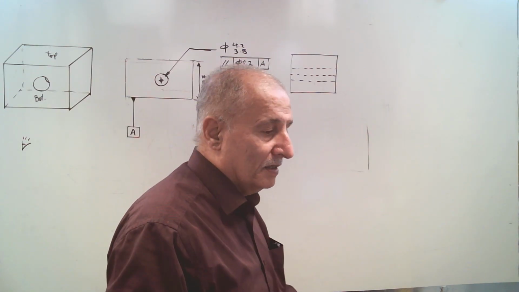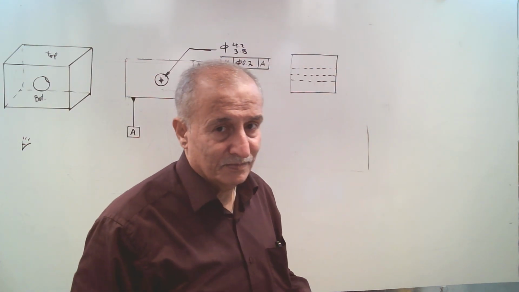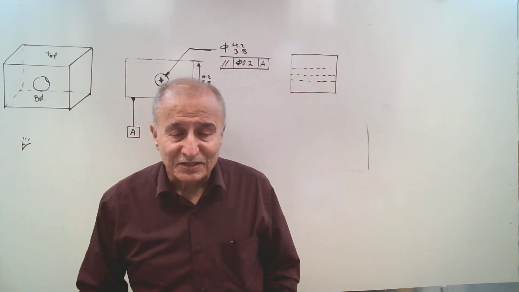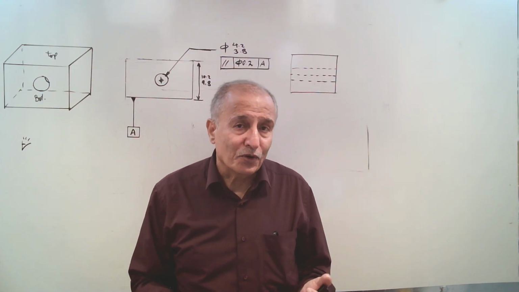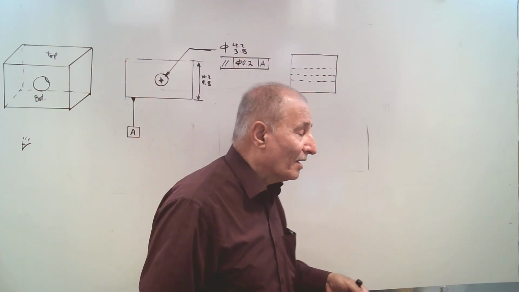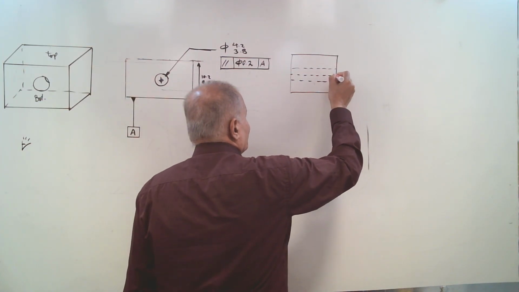And the axis doesn't exist. It's a series of points which we call derived median points. It's a set of derived median points that represent the axis.